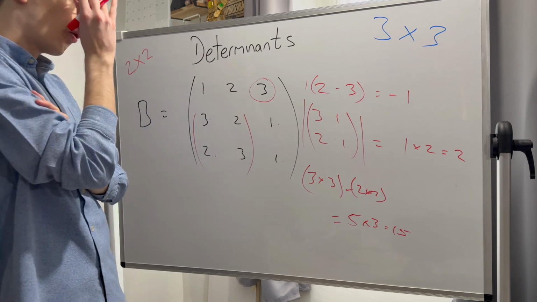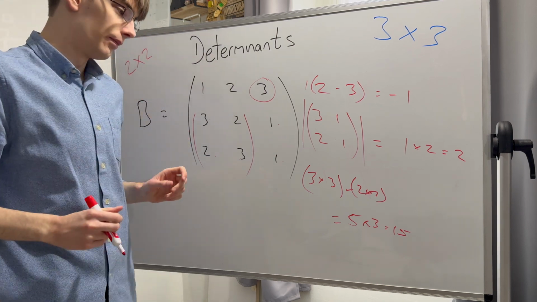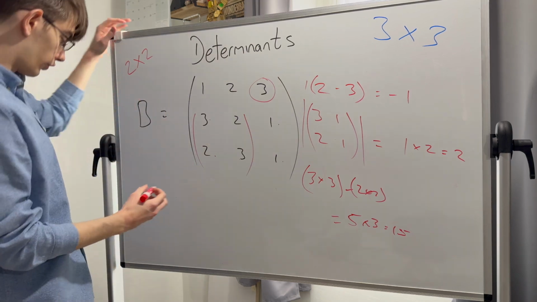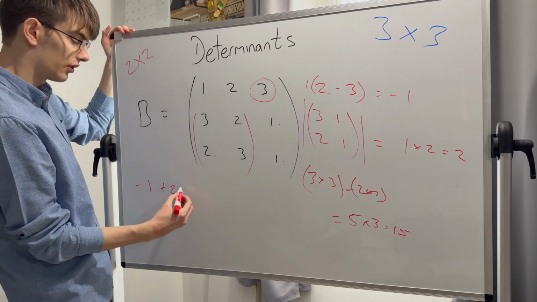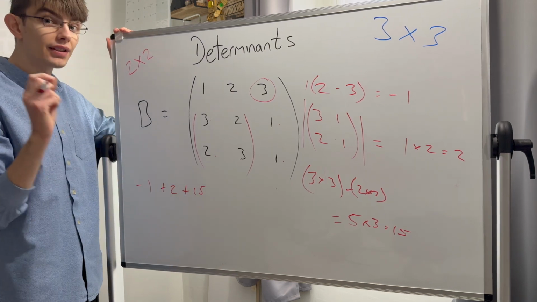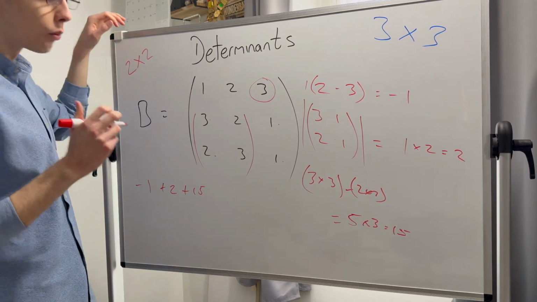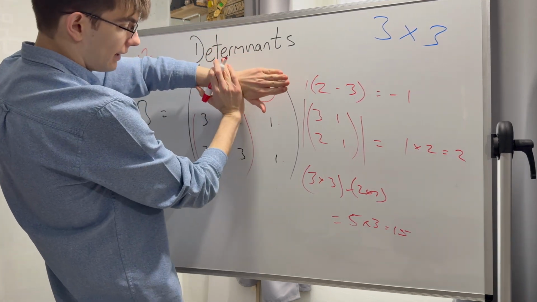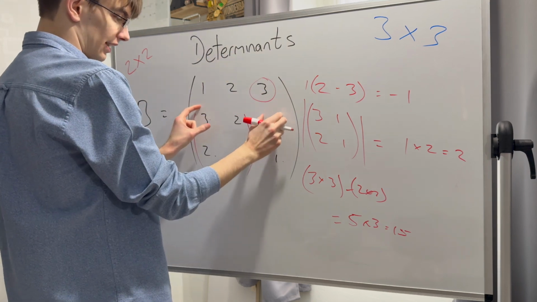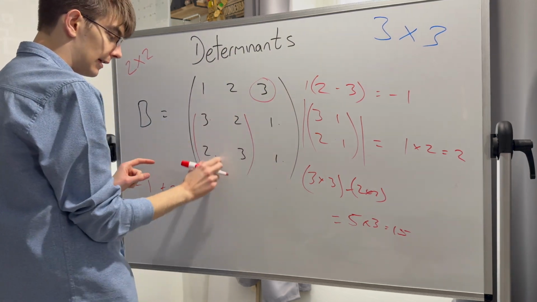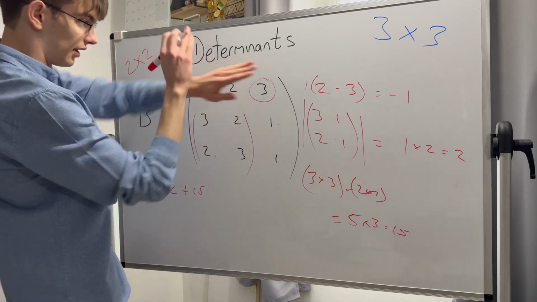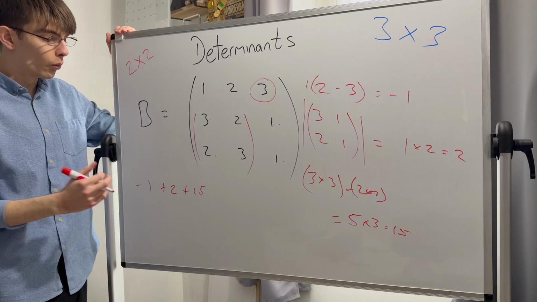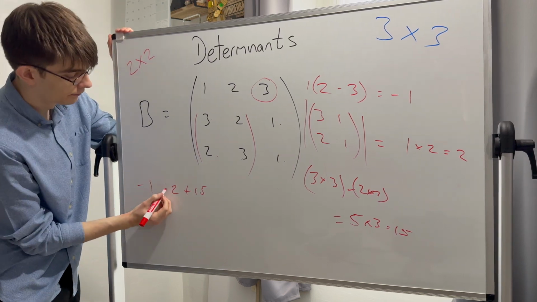The way that I like to think about this is you want to add them up, so minus 1 plus 2 plus 15. But the weird one, which I define as the one where we don't have the matrix all in one place, so when I cross out 2, my matrix is spread out on either side, that's the weird one, and for the weird one we want to subtract.